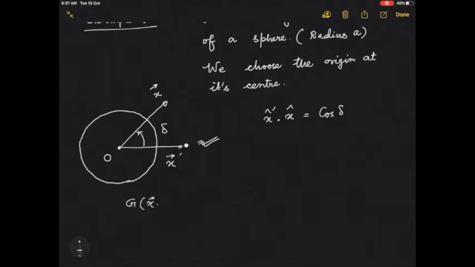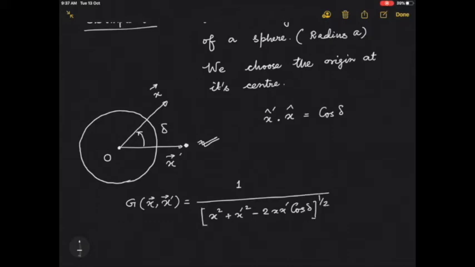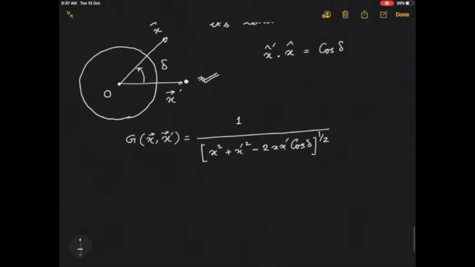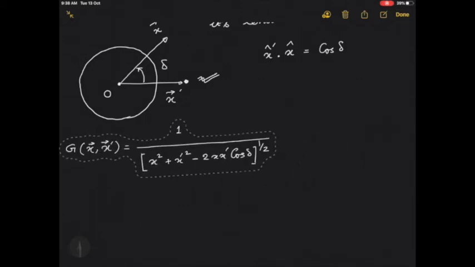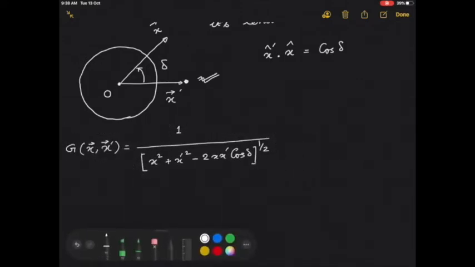Now I will leave it to you, because this probably you have already seen in your earlier courses. The Green's function in this case can be written in the following way: x minus x prime is nothing but x square plus x prime square minus 2 x x prime cos delta, and that entire thing to the power half. That gives you the magnitude.